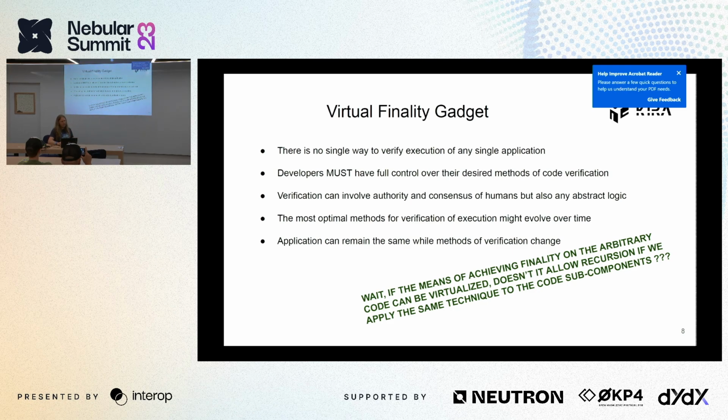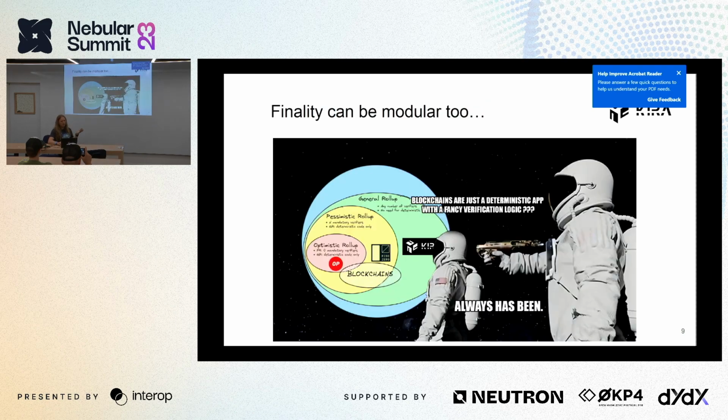And when we think about all of this from this perspective, there can be many verifiers, many ways to verify something. We come to the conclusion that this whole thing is fully recursive, right? Blockchains themselves are a fancy case of a general rollup in which you have multiple people collaborating together to create a block, and our fancy verification logic is basically all people coming together, being like, we're running the same thing.